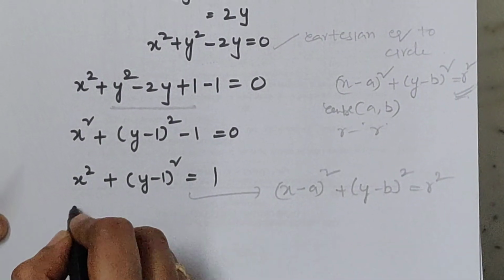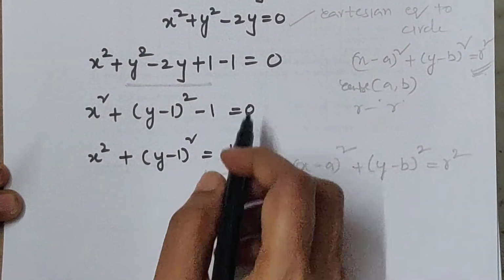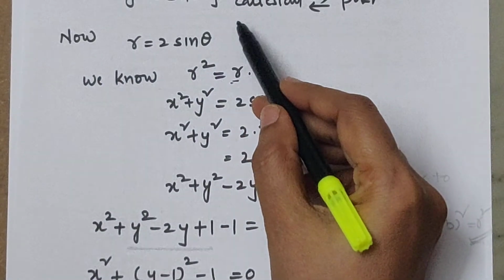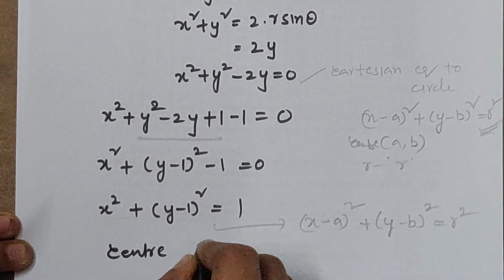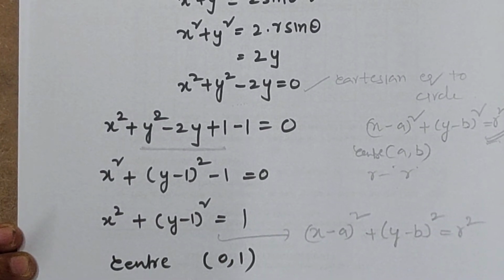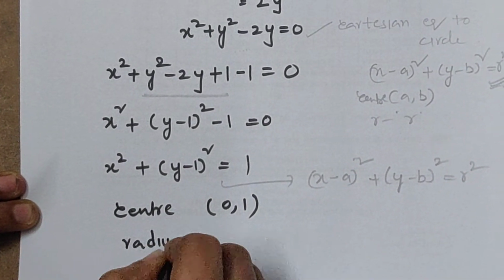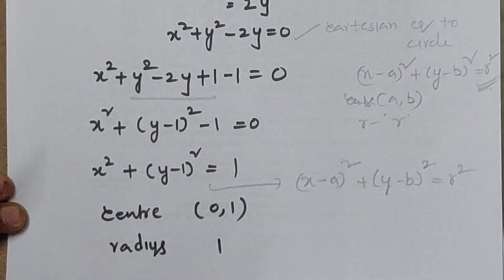That means it is the circle equation equivalent to r equal to 2 sin theta. Center is 0, 1, radius 1 unit.